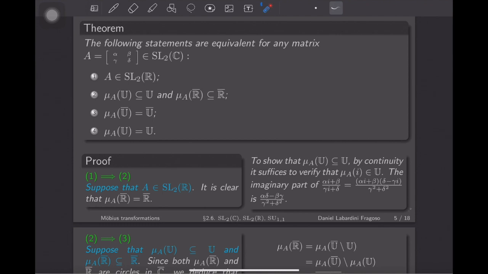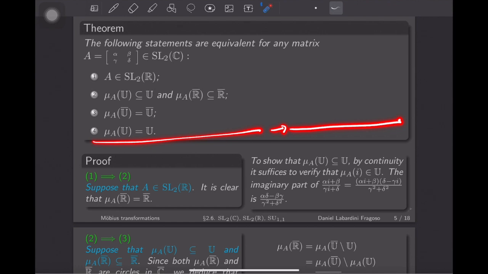Now to show the other statement, by now I already know that the Möbius transformation sends R bar to itself, and I know that the Möbius transformation is a homeomorphism of C bar. And R bar splits C bar into two disks.